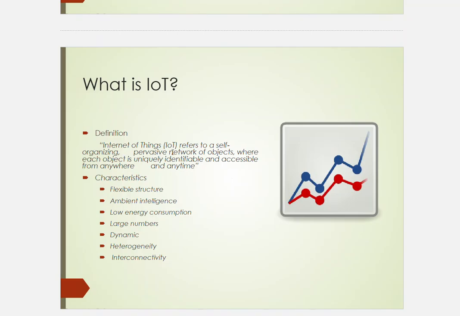Self-organizing, pervasive network of objects where each object is uniquely identifiable, and accessible from anywhere and anytime. So we say self-organizing. Well, self-organizing means that the IP addressing and the fact that they can communicate with each other and the packets are being forwarded through the network.